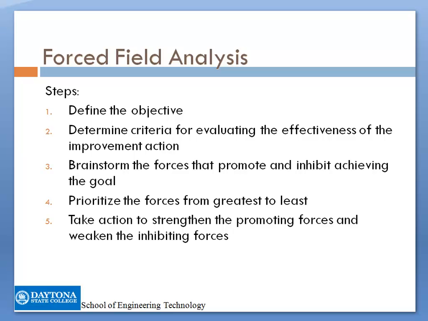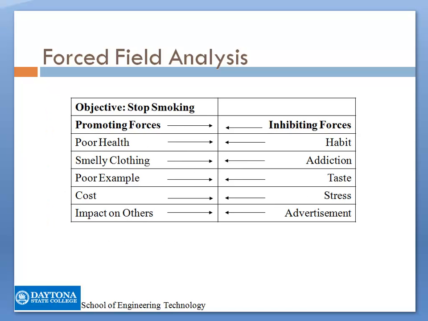weaken the inhibiting forces. So for example, if your main objective is to stop smoking, then you first determine the criteria to evaluate it. Then you identify those forces using brainstorming. For example, promoting forces will be poor health, smelly clothing, poor example, cost, and impact on others, and then you have the inhibiting forces, which are the habit, the addiction, the taste, stress, that's why you smoke, and the advertisement.